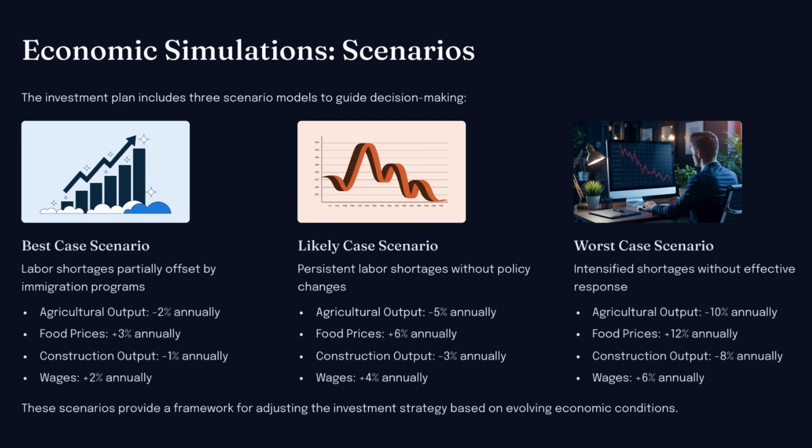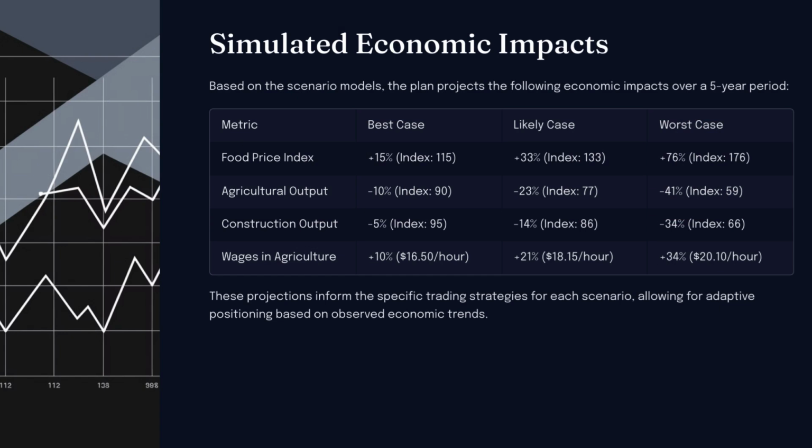Let's look at a 5-year horizon forecast. For the food price index, this could rise anywhere from 15% to 76%, depending on how severe the labor shortage becomes. For agricultural output, best case, it's down 10%. Worst case, a staggering 41% decline.